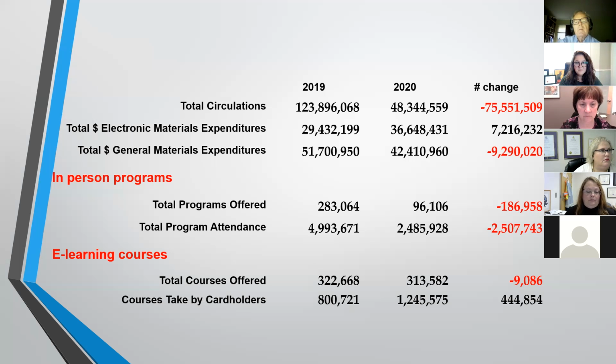In any case, that's how you look at trends. And what you see here is the first draft. This is a draft of a table which is going to go in the FOPL report, because obviously the big news this year is the pandemic. And so the major question before us right now is to figure out what has gone on, and to try to glean from that what will go on.